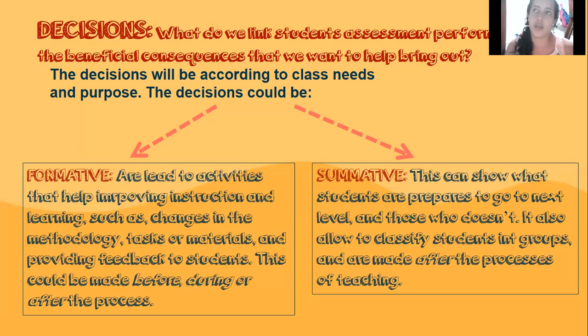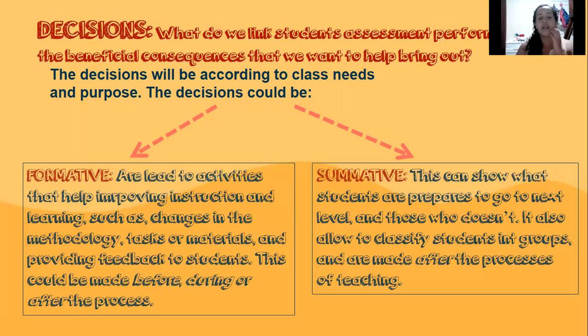For example, if we have a group of students that have problems with the reading skill, and we give them a very difficult reading, and they can't read it well, if they don't understand the text, then we will have to change the task or the material or the reading.